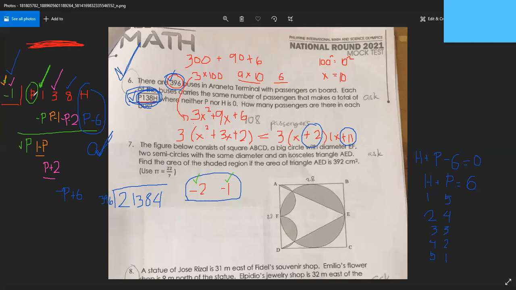So if P will be 2, let me erase that one. This is recorded, so nothing to worry. If P is 2, therefore, this one will be 2. Now, P, this would be again 2.